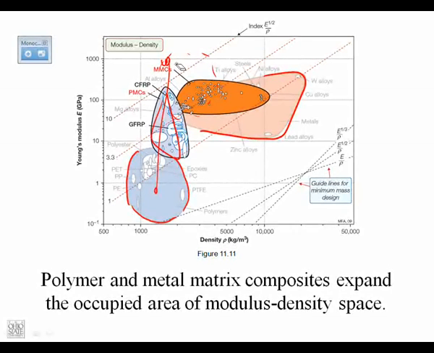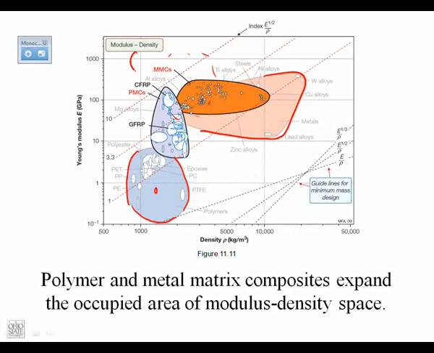And we talked about that, where the properties of the composite are going to be some combination of the properties of the matrix and the reinforcement phase. And similarly with metals. And this is the reason we do that. Because if we're thinking of modulus versus density, where on this graph do we want to end up? Where do we want our properties to be?